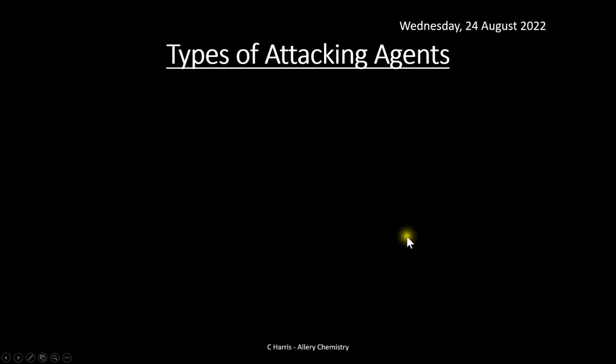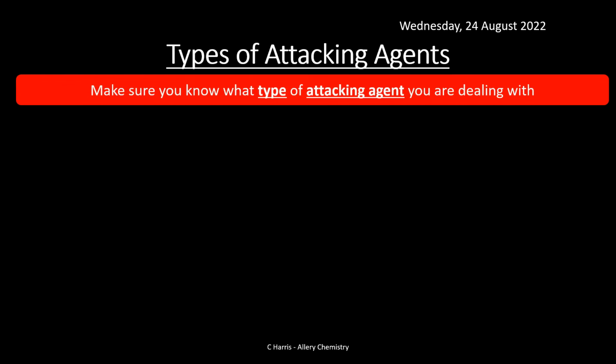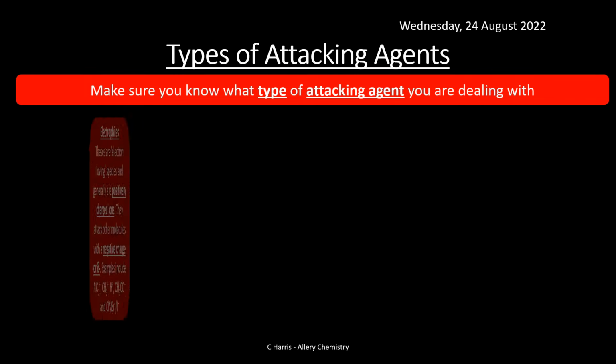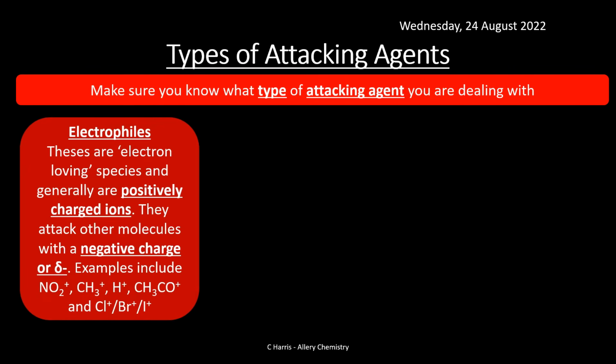Okay, so let's have a look at some attacking agents. This sounds quite violent, doesn't it? There are attacking agents and free radicals and things like this. These are chemical reactions, so you're going to have groups being attacked. So you need to know the type of attacking agent that you're dealing with, and you'll see a lot of attacking agents throughout chemistry. One type is called an electrophile. Electrophiles are electron-loving species.